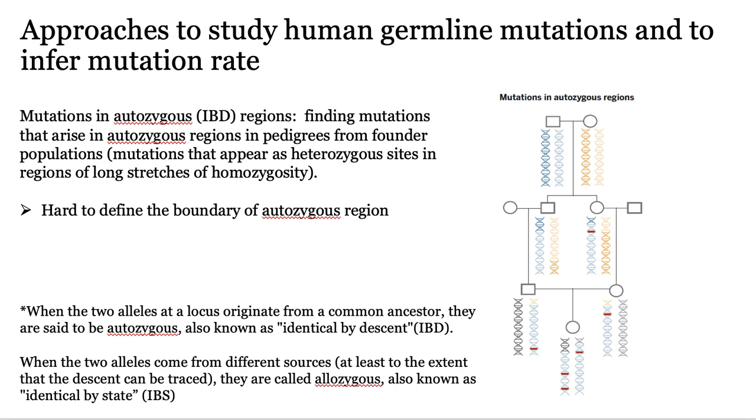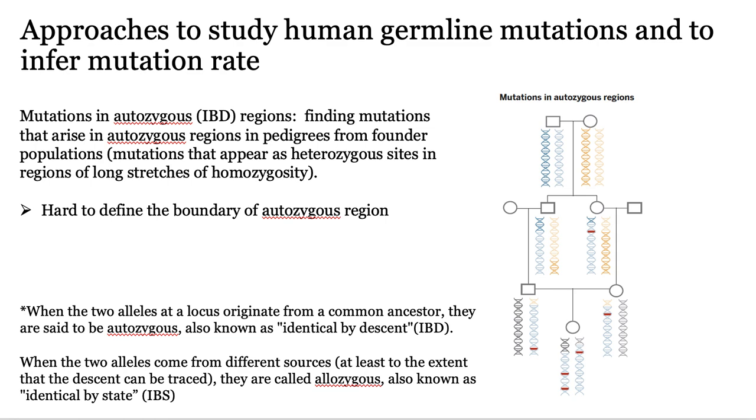So in this case, the two alleles, this allele and this allele, descended from a common ancestor not very long ago. This kind of allele is called autozygous. It's also called identical by descent. They are identical because they descend from a common ancestor.